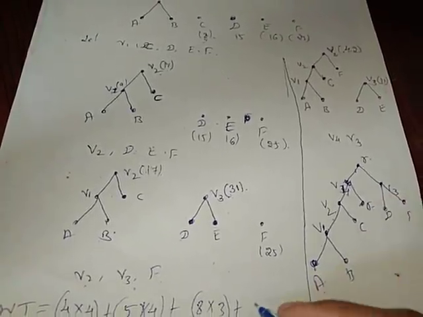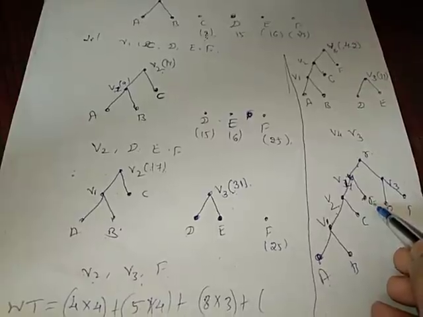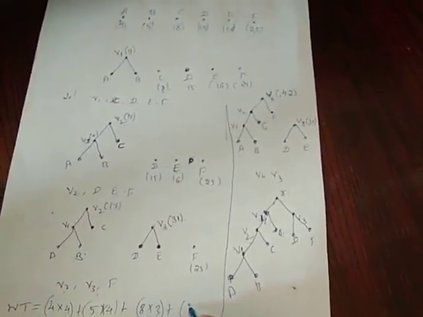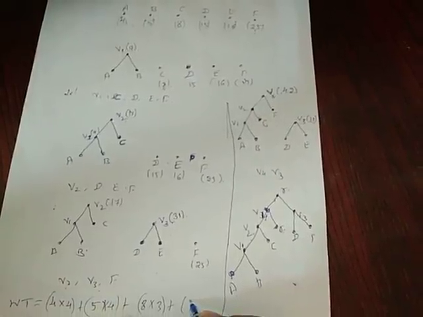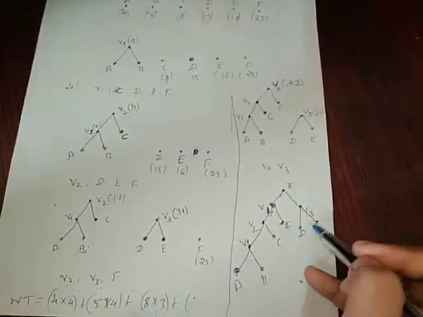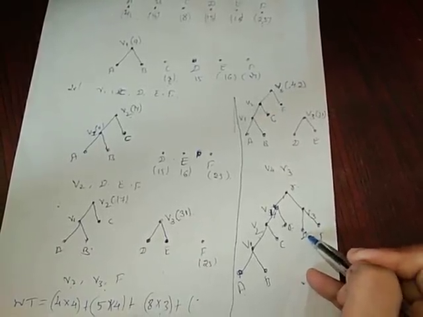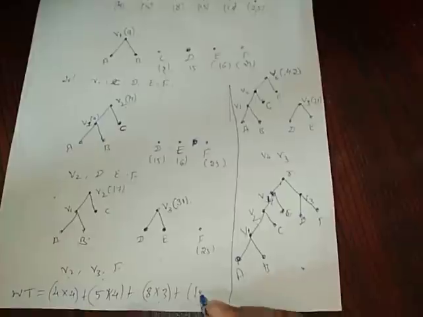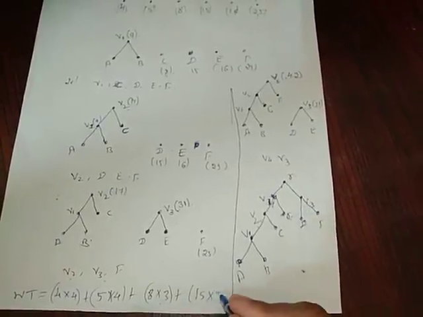Sorry, A, B, C. Now come to D. Weight of D is 15, length is 2.